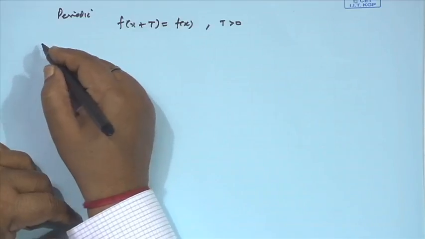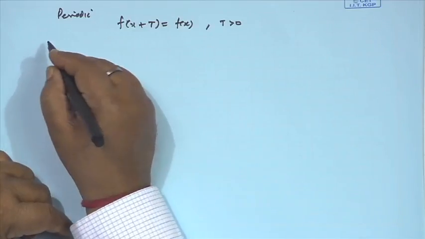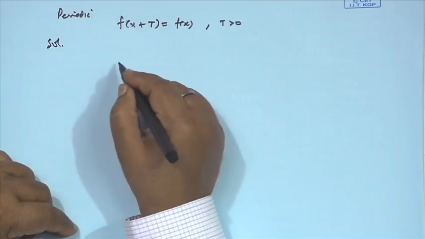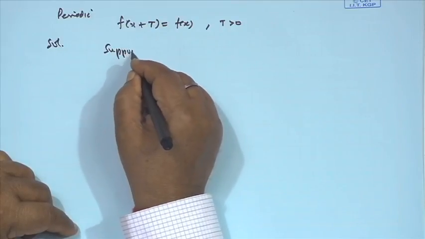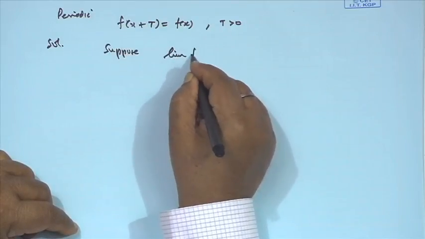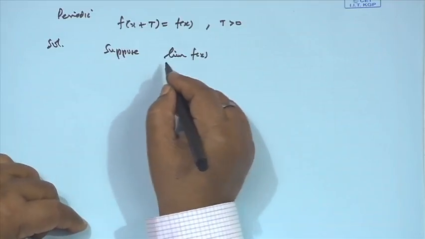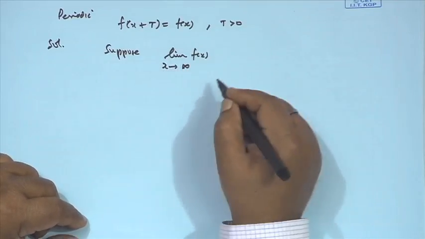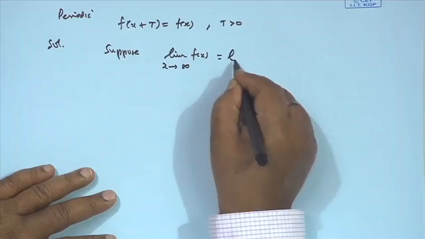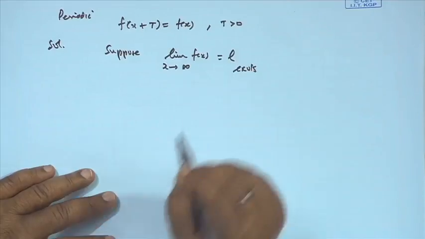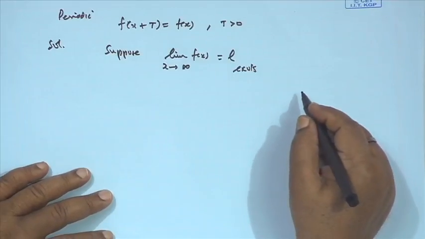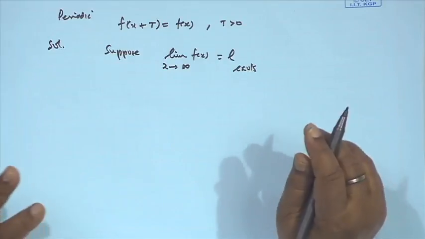We want to show that if the function f is periodic, then the limit will not exist as x tends to infinity. So the solution is: suppose the limit of the function f(x) as x tends to infinity exists and equals L. This is our assumption, and it will lead to a contradiction.